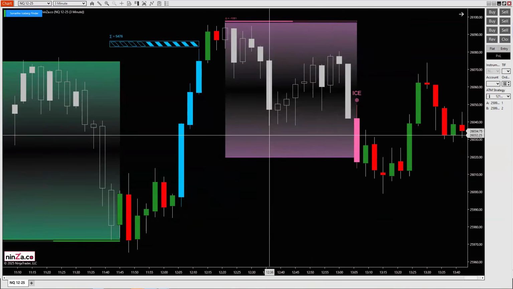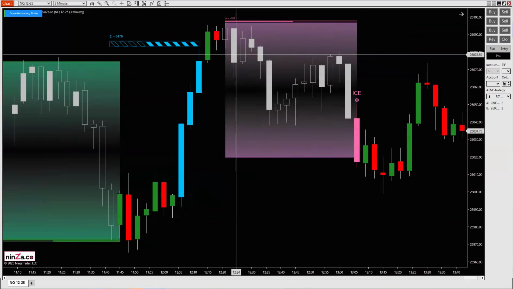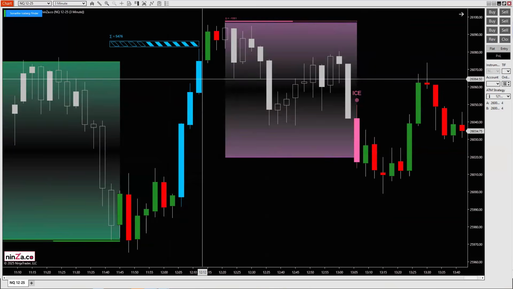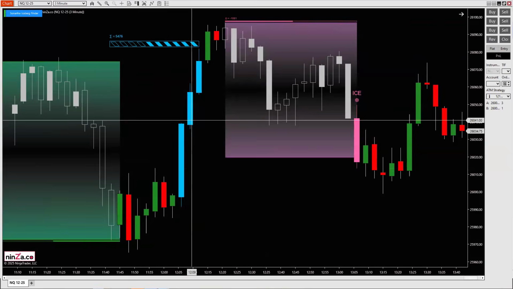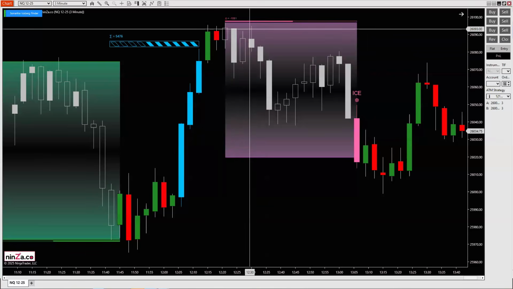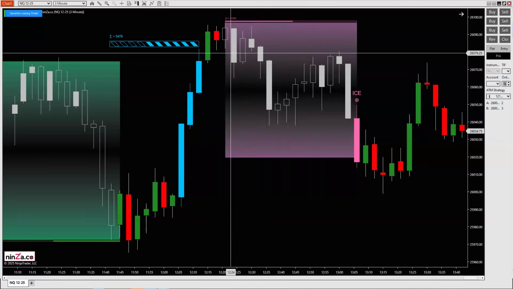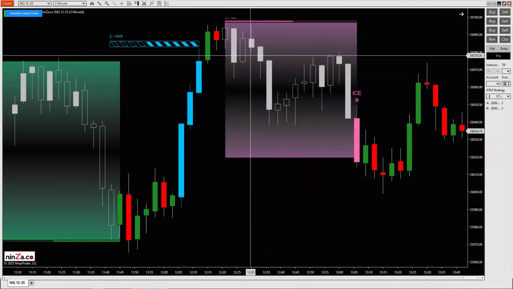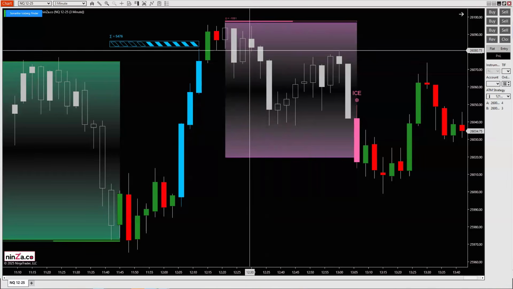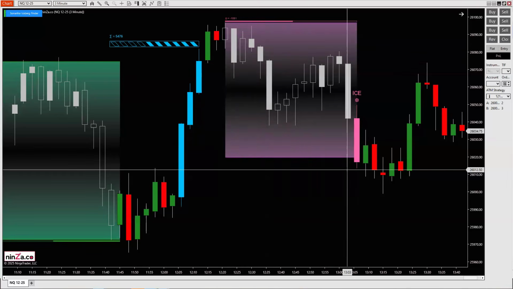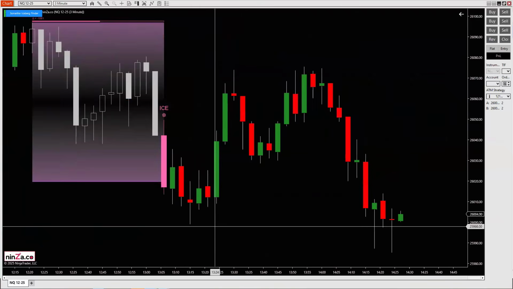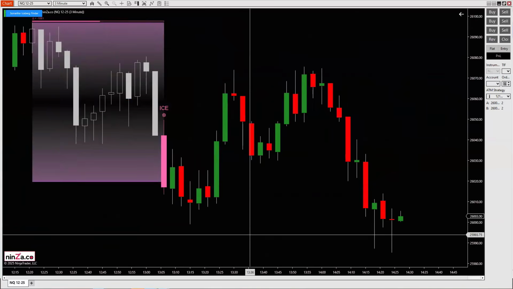So this indicator can help you find these areas of reversals, or at the very least, tell you not to go long, even though this looks very strong, right? This looks very strong, but the warning here is no, no. Either we're going to have a pause in buying, in which case you don't want to be long, or we can have an outright reversal, which is what happened. So this is where they are.